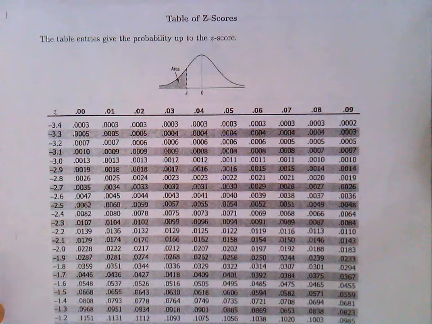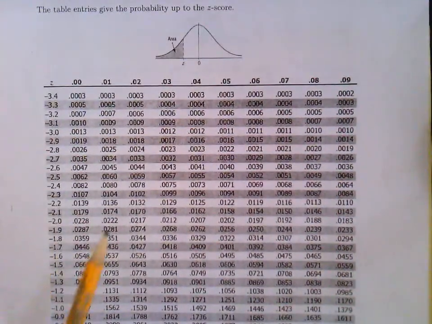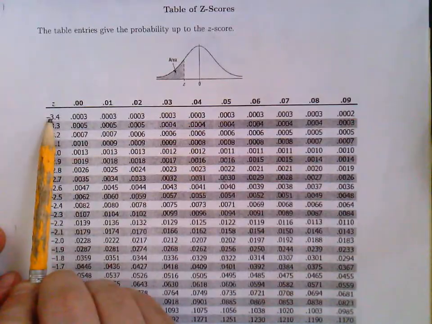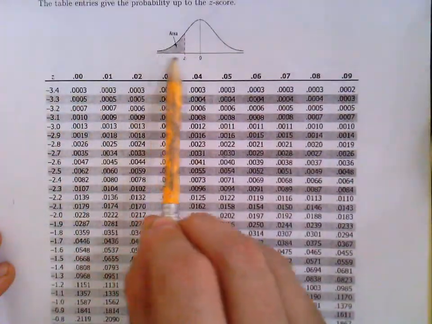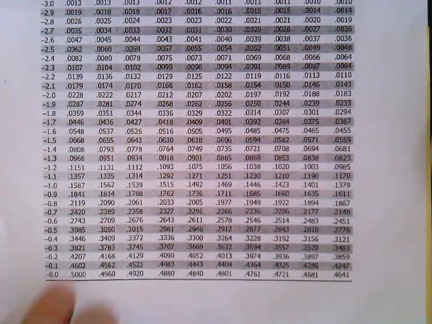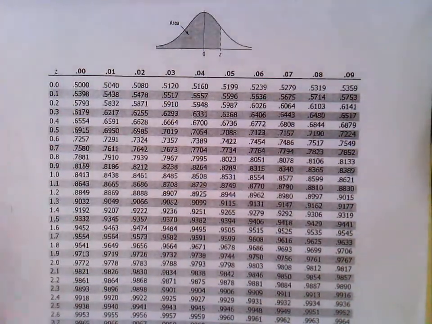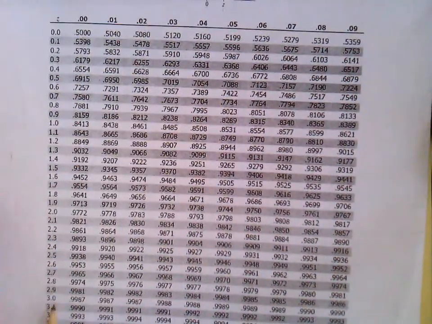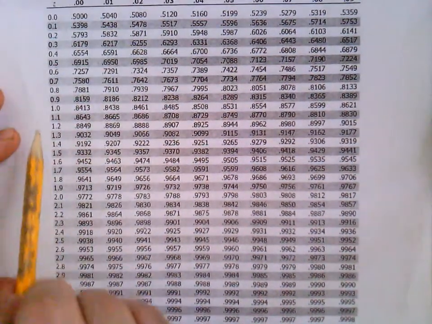Okay, so here on the first page in the document, these are all the negative z-scores, starting on the far left and then moving towards 0. So there's 0 at the very bottom. But we have a positive z-score here, so I'm going to flip this over. It picks it up at 0 and then goes all the way to positive 3.4. Okay, so looking up 1.32. I'm looking down.